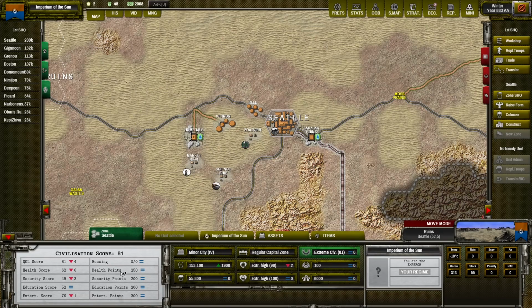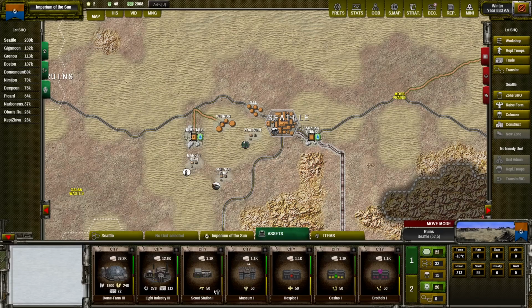So to have some security, education, entertainment, health. At the start of the game, this is very helpful because you don't need to invest your resources or money to improve quality of life, but the private economy can do it on their own.